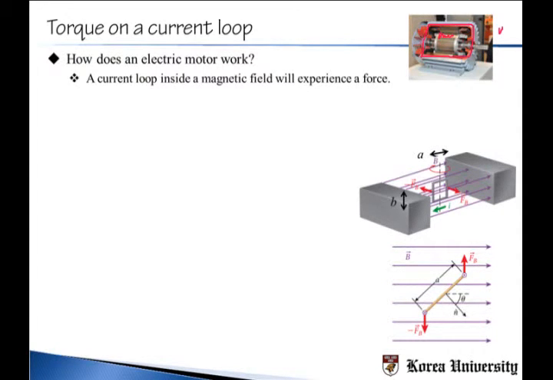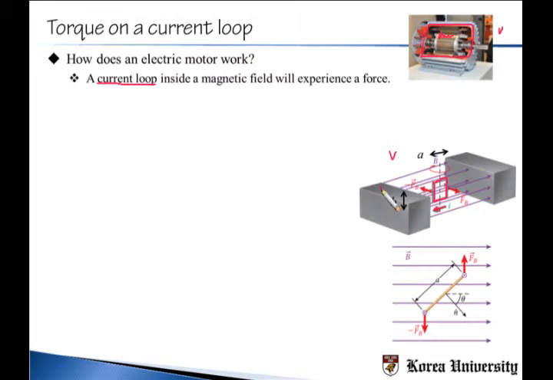And as the simplest example, let's consider a current loop in a magnetic field. In this simplified example, we have a rectangular loop in which the current is going to the left at the bottom, so it looks like it's going clockwise if you see it from this side, and it's placed inside the magnetic field.